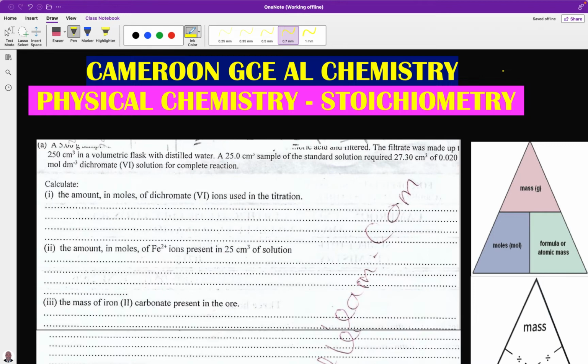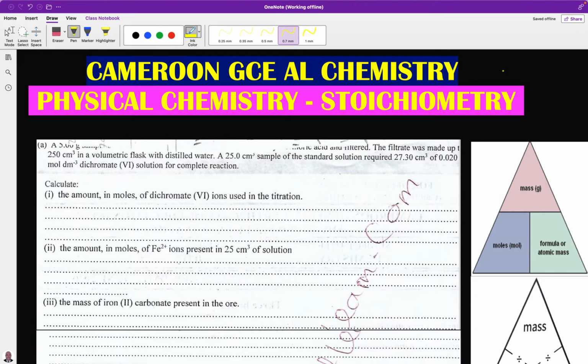Now, this is a redox reaction, and I told you that every titration will need a balanced equation. Be it acid-base titration, be it redox titration, you must have a balanced equation. This is the titration that has been carried out. The oxidizing agent there is dichromate 6. This one is acidified because it was acidified in the preparation.